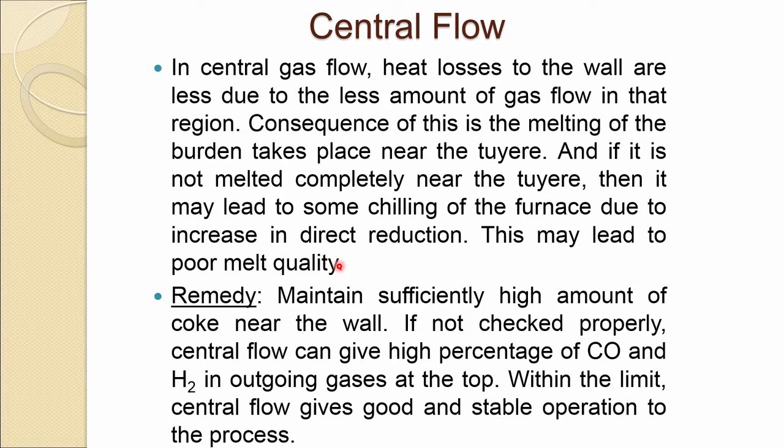So, you can of course avoid this by keeping a high amount of coke near the wall. If not checked properly, central flow can give a high percentage of CO and hydrogen in outgoing gases at the top. Within the limit, the central flow gives good and stable operation to the process.